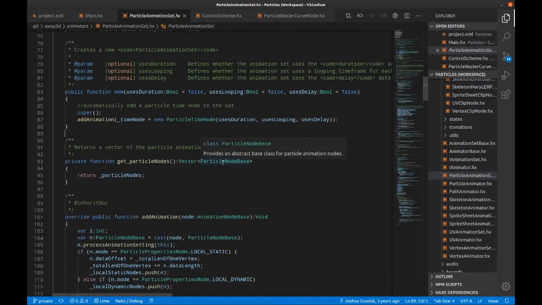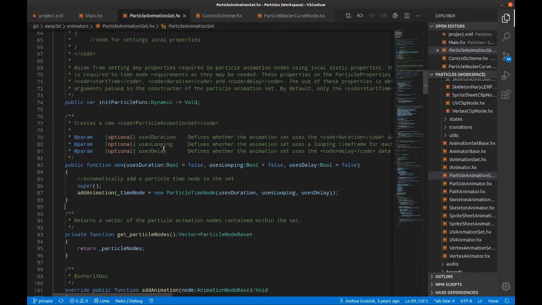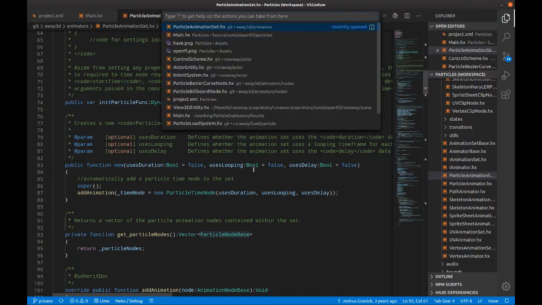Particle animation nodes. Okay, so I want to know what they mean by nodes.